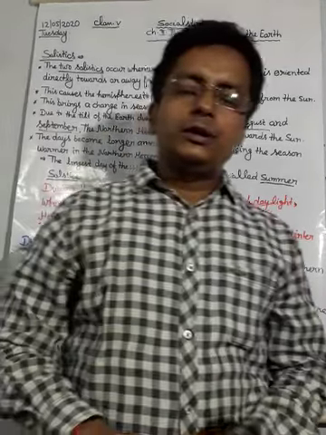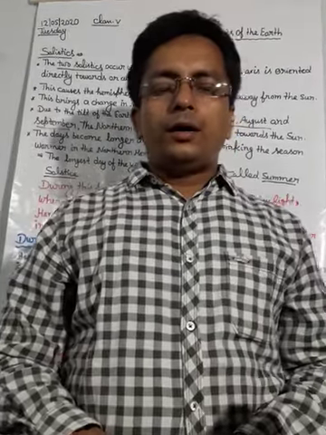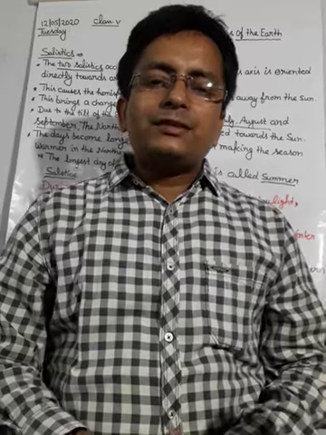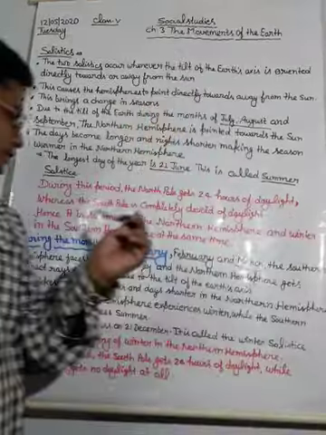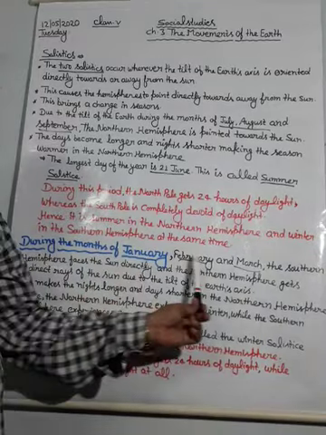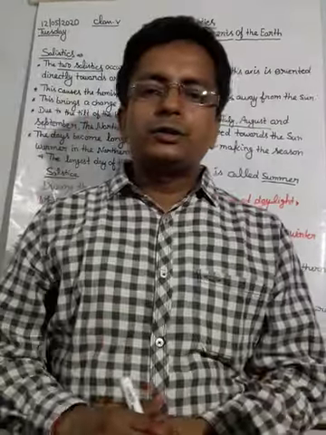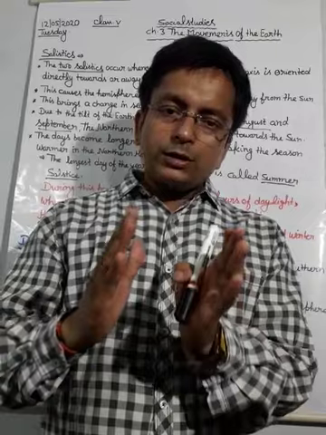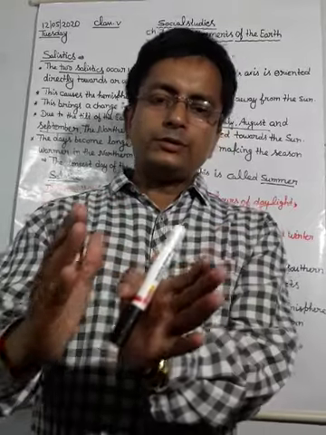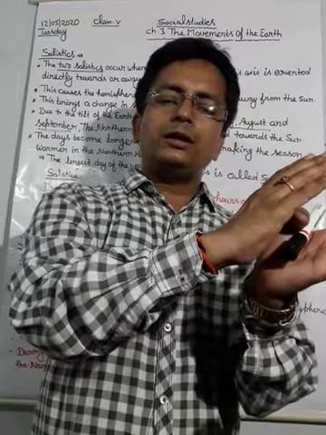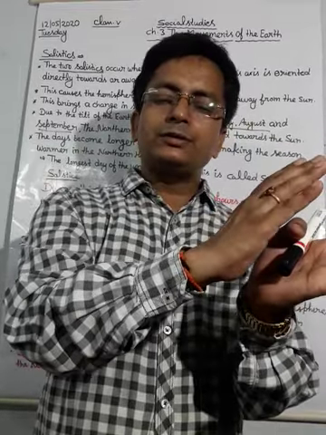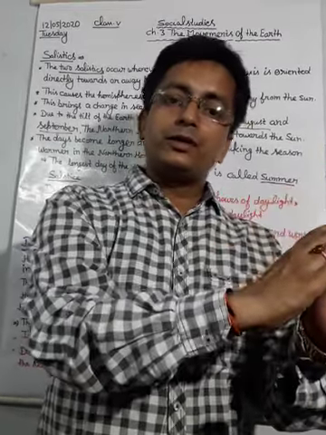Yes, student, due to the tilt of the earth's axis in these months, January, February and March, the southern hemisphere is tilted towards the sun and the northern hemisphere, in which India lies, is away from the sun.